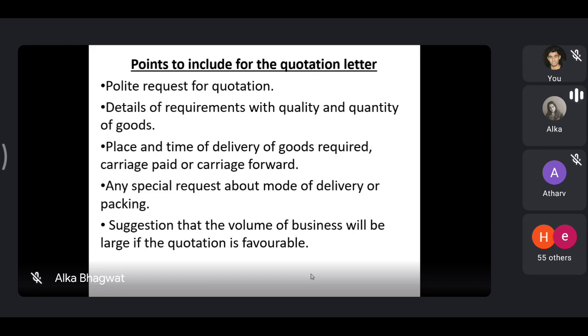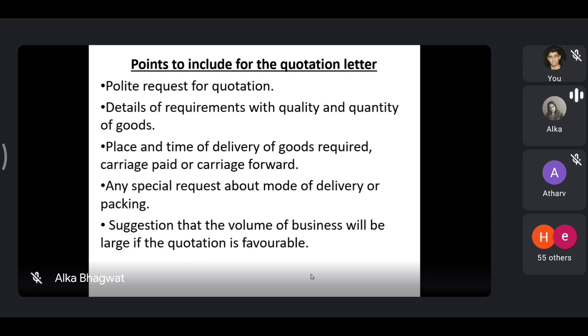So for example, I'm a hotelier and I want to write a quotation which will include not only one restaurant but the coffee shop, the specialty restaurants, maybe a fine dine. So for everything.